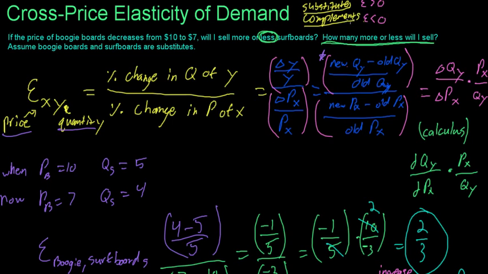If the price of a complement goes down, then the quantity of what you sell will go up, and vice versa. If the price of a complement goes up, then we would expect the quantity demanded to go down for the good that we're selling.